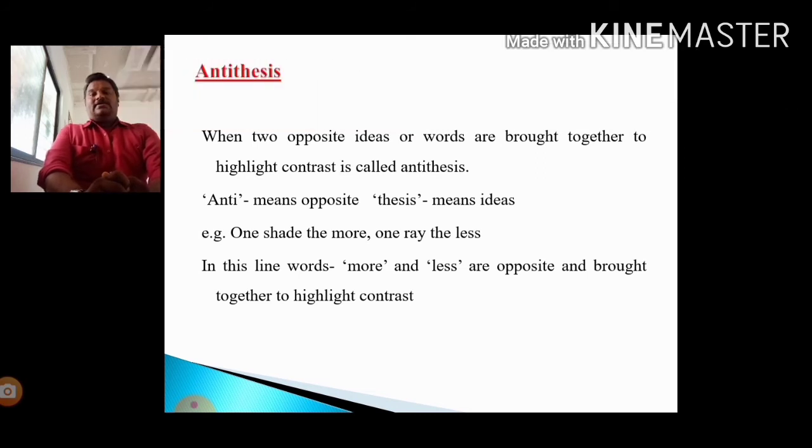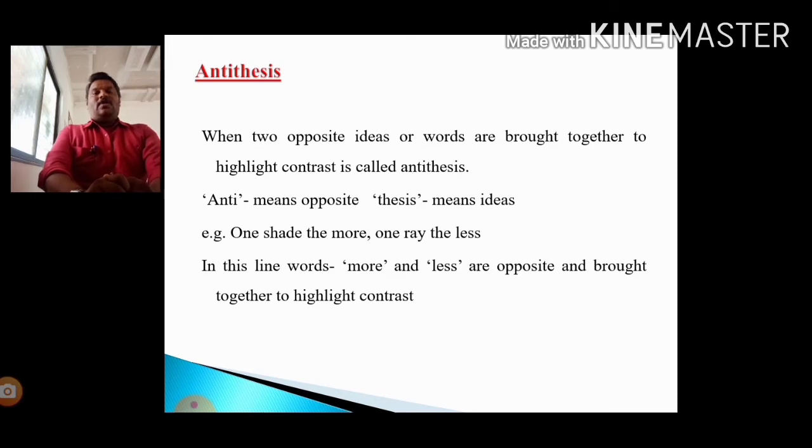For example, one shade the more, one ray the less. In this particular line of the poem, the words more and less are opposite, and these two words have been brought together to highlight contrast. That is an example of antithesis.